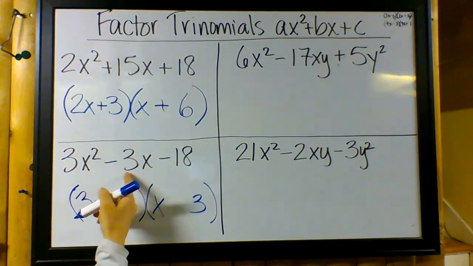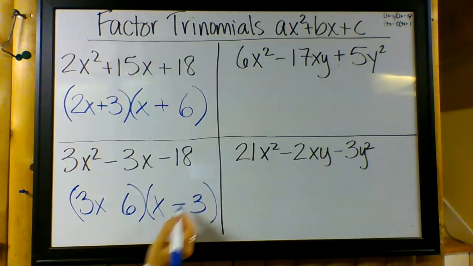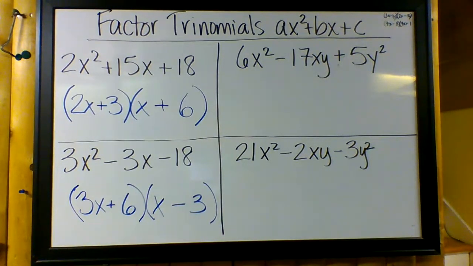I need it to be negative 3, so I'm going to make the 9 negative and the 6 positive. All right, I think that works. 3x times x is 3x squared. Negative 9x plus positive 6x is negative 3x, and 6 times negative 3 is negative 18.